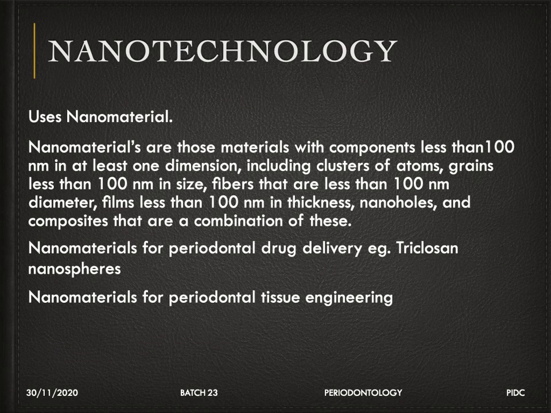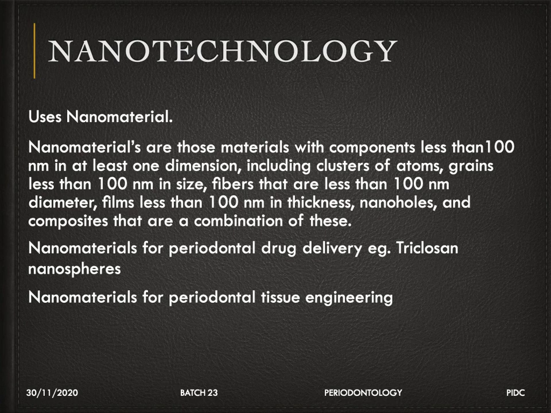The final part is nanotechnology, uses of nanomaterials. So nanomaterials are those materials with components less than 100 nanometers in at least one dimension, including clusters of atoms, grains less than 100 nanometers in size, or fibers that are less than 100 nanometers in diameter, films less than 100 nanometers in thickness, or nanoholes, and composites that are a combination of these.